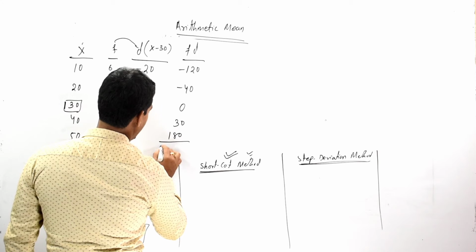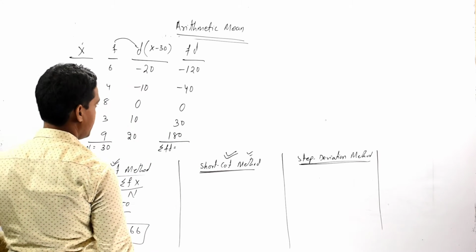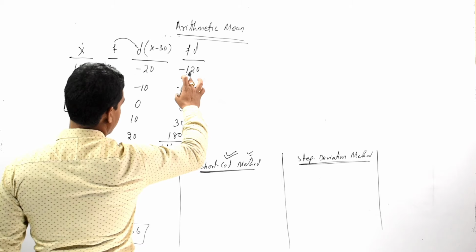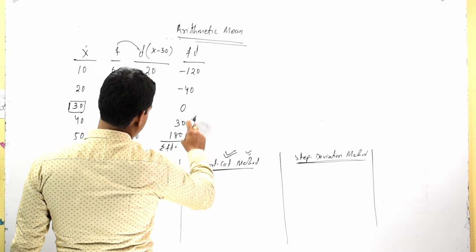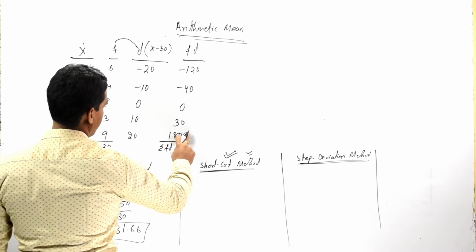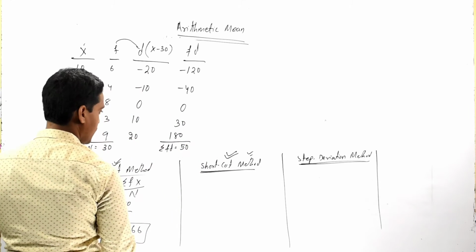Now find out the summation of fd. Here plus and minus should be cancelled: minus 120 minus 40 is minus 160, and 180 plus 30 is 210, so the summation is 50.